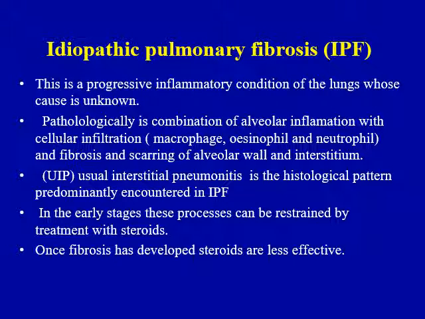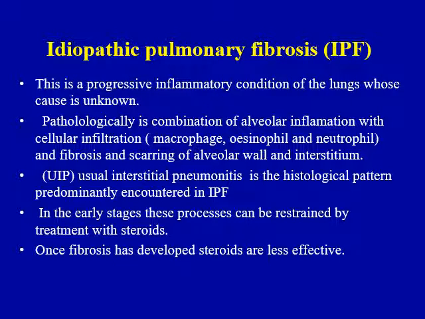Pathologically, it is a combination of alveolar inflammation with cellular infiltration, mainly macrophages, eosinophils, and neutrophils, plus fibrosis and scarring of the alveolar wall and interstitium, like the pathology of other interstitial diseases.